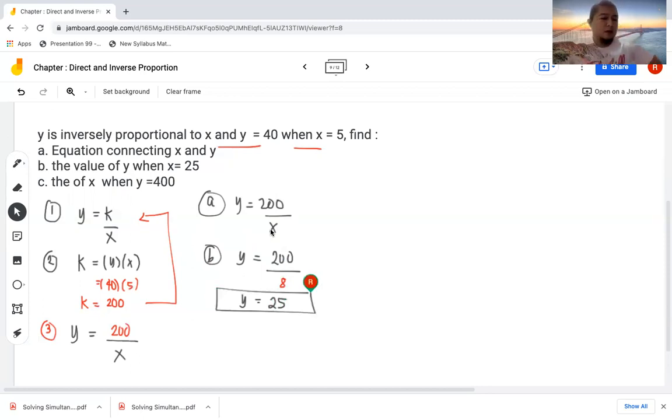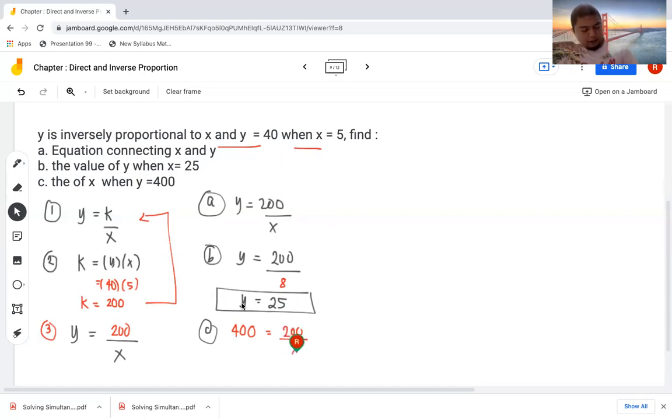Okay. So now for the letter C, it tells you that the value of your y is equivalent to 400, which means that you are still going to use the same formula here. And you are going to put this value 400 into the given equation. So this is going to have 400, which is the value of y, is equivalent now to 200 over x.